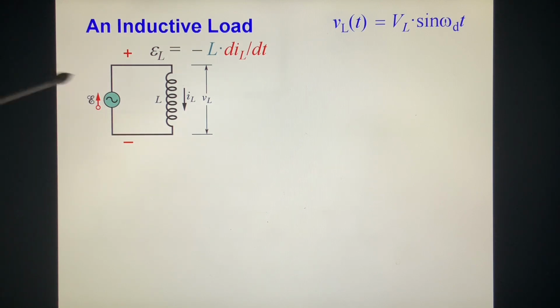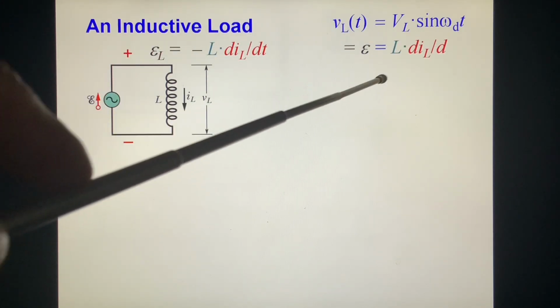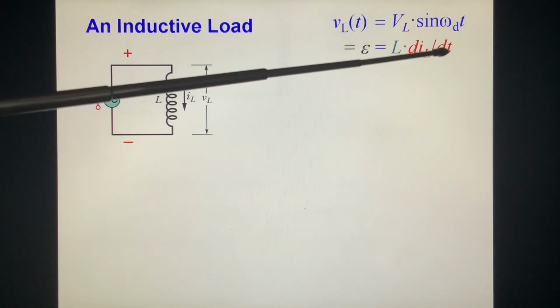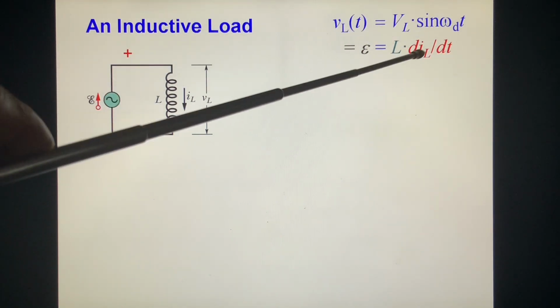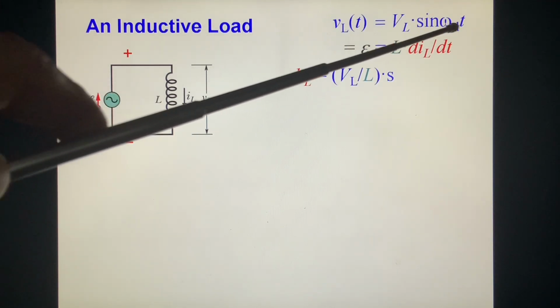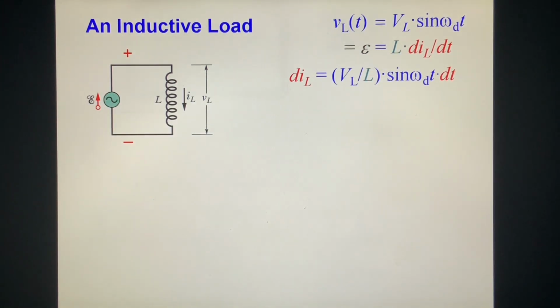Okay, so we rewrite it, forget this one. This is positive, negative. So we find VL equal to L di dt. They are equal. Now from this, I got DIL equal to V sine omega t times dt over L. And we do the integration.